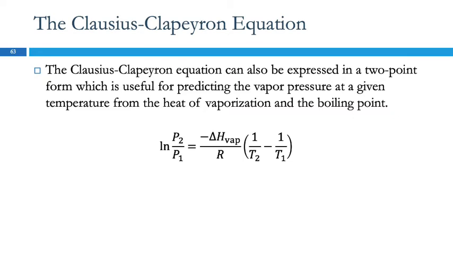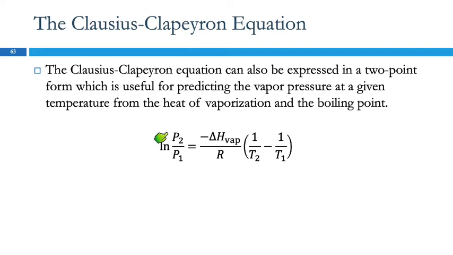We can also use this equation if we don't have a whole bunch of data. We can look at it with just 2 points. Typically, this is done to figure out what the boiling point is at a given pressure, or find out what the vapor pressure is at a given temperature.